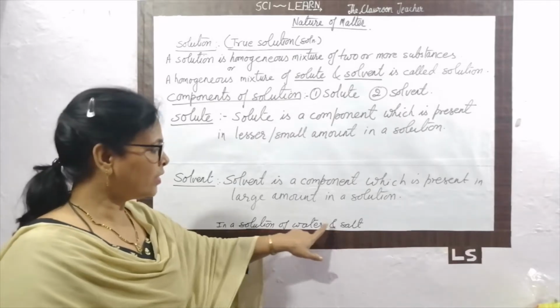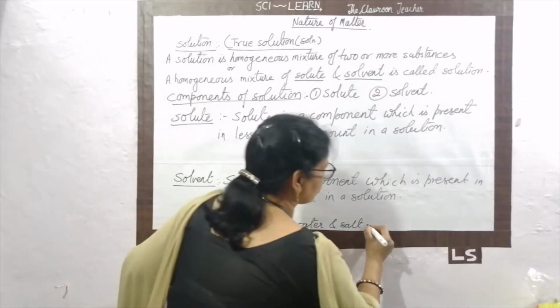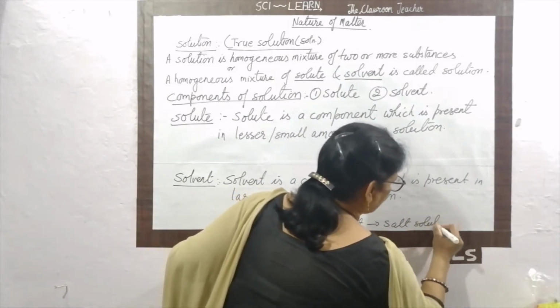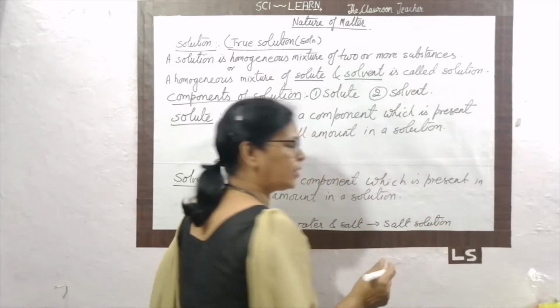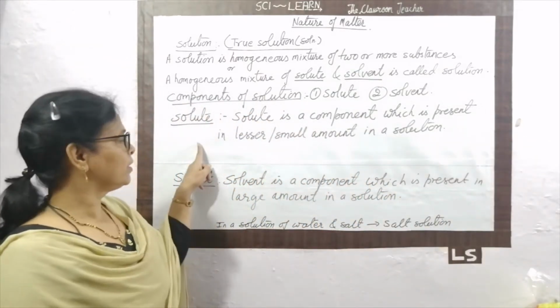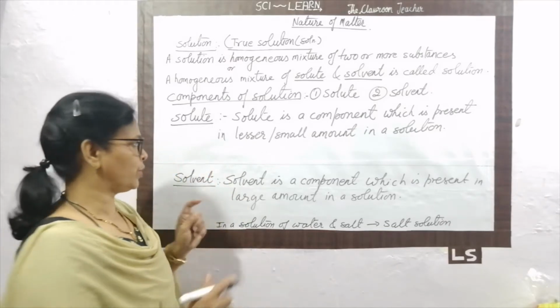Salt is dissolved in water. In a salt solution, salt is always dissolved in water. So what is in the less amount? That is solute. So what is solute here? The salt is solute.